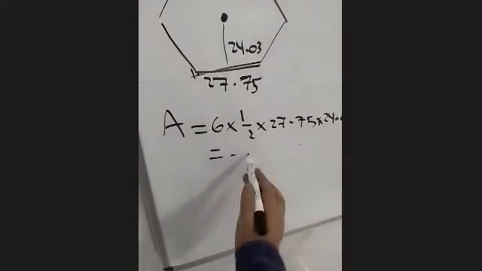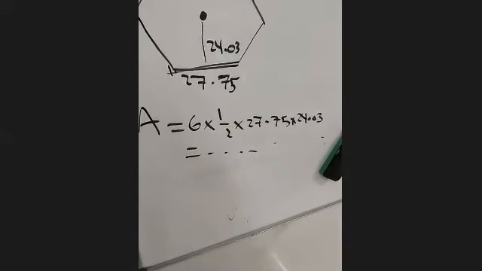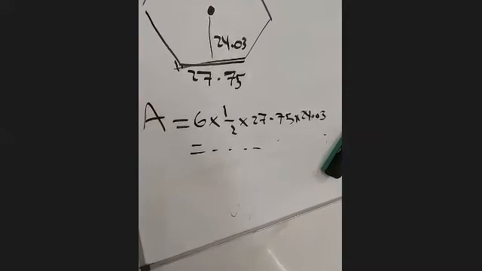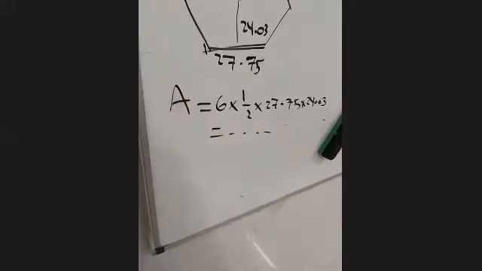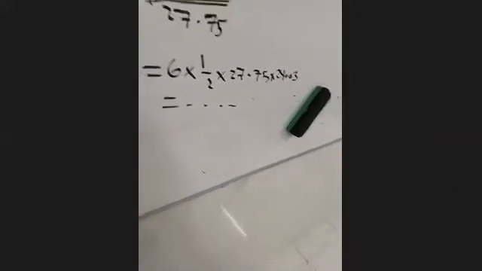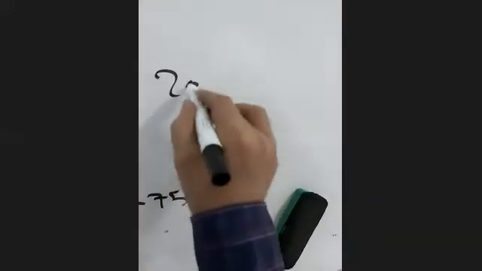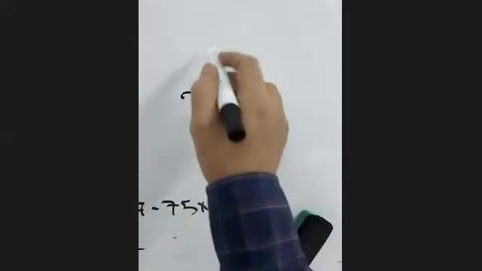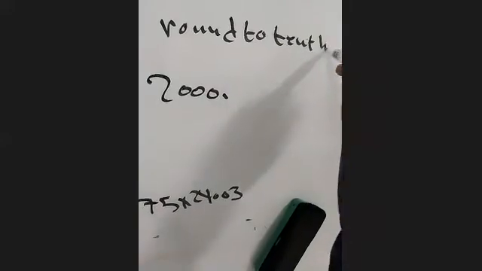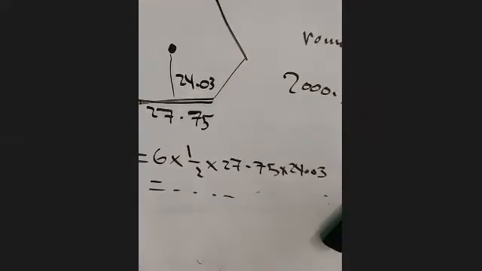But use the calculator and find the answer. It gave me 1333 point something. No, it won't be 1333. 6 multiplied by half, multiplied by these two numbers, it will be about 2000 point something. In the question, I told you to round to tenths, so rounded it will be 2000.5, something like this. So just use the calculator well. It's the same idea as the previous questions.